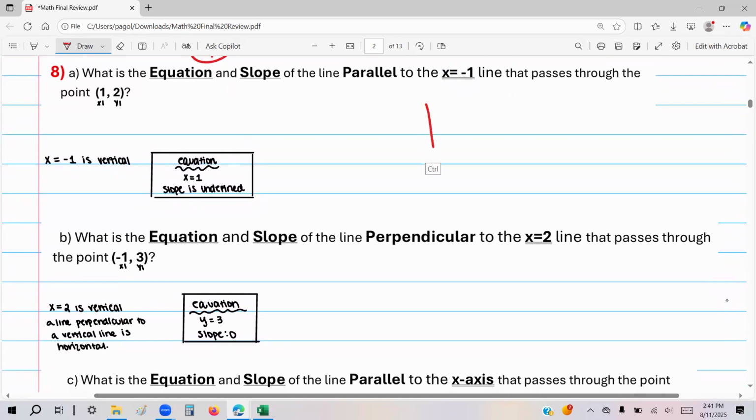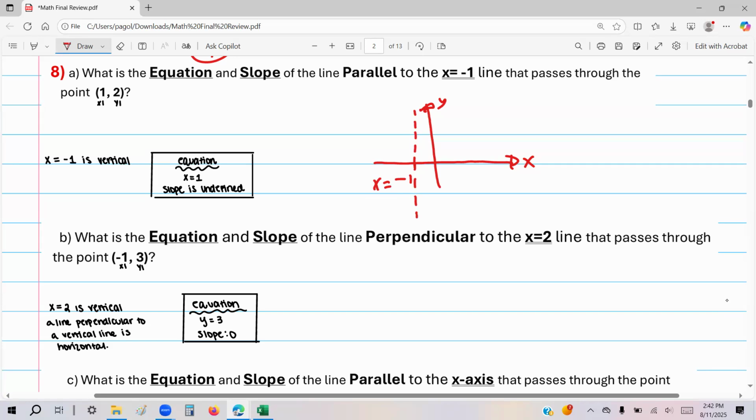So first you need to know where x equals -1 is. If this is your x-axis, this is your y-axis, x equals -1 is somewhere here.